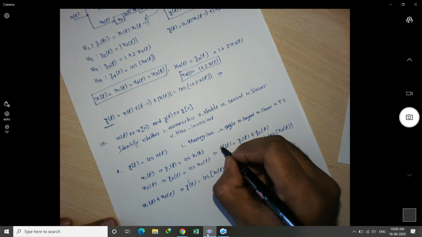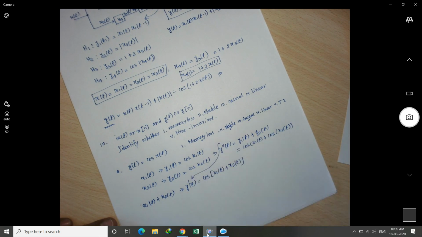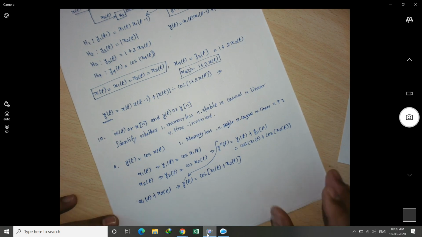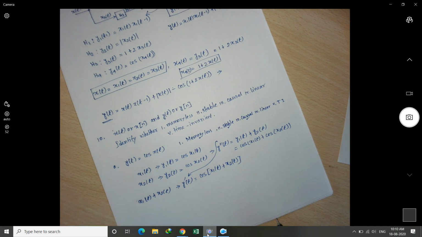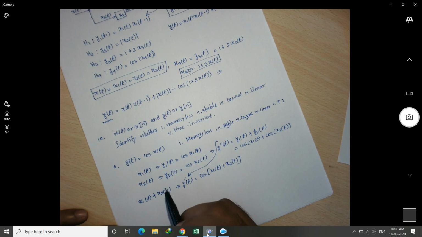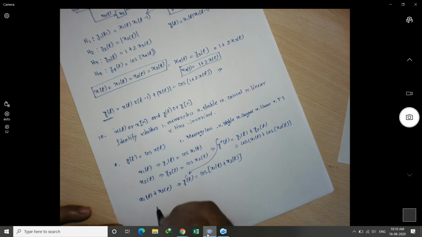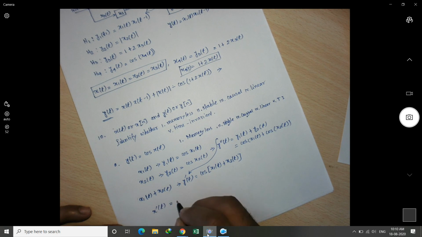So whether this y prime and y double prime are same? No, sir. So it is not a linear system. Now let us take another condition. What was the another condition? One is superposition, another condition was homogeneity, right? So let us do the scaling for the x(t). Let us consider this x prime(t) is 2 of x(t).